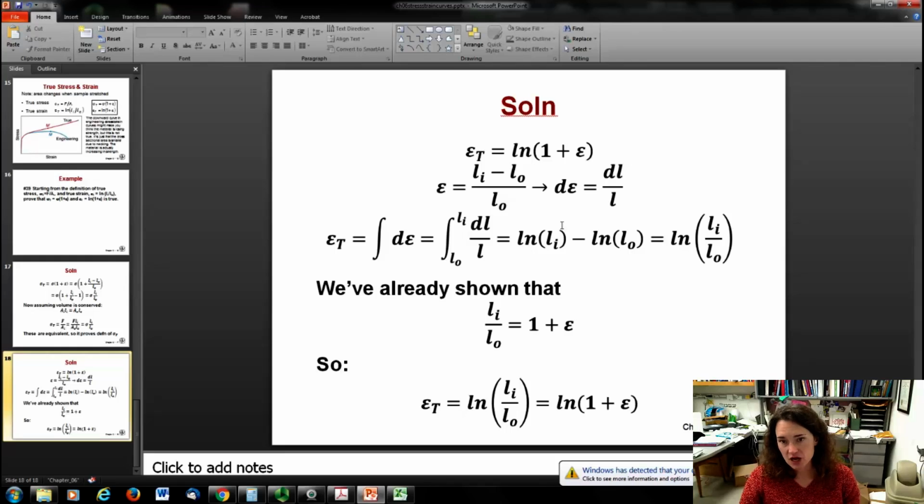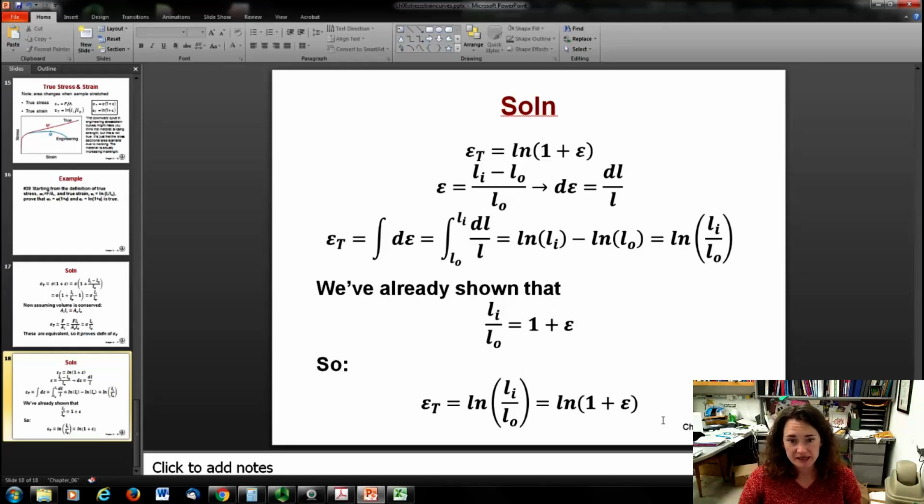And I get the natural log of the length at time t equals ti minus the natural log of the initial length, which then, by the law of logarithms, is equal to the logarithm of the ratio Li over L naught. Now, we've already shown that Li over L naught is equal to 1 plus epsilon. We did that on the previous slide.